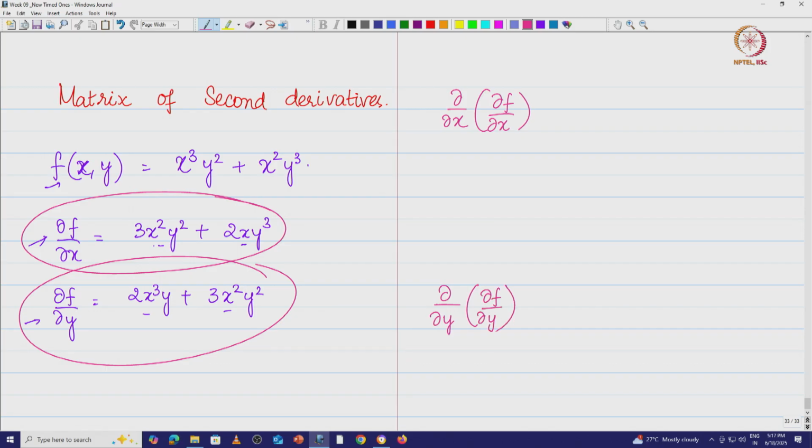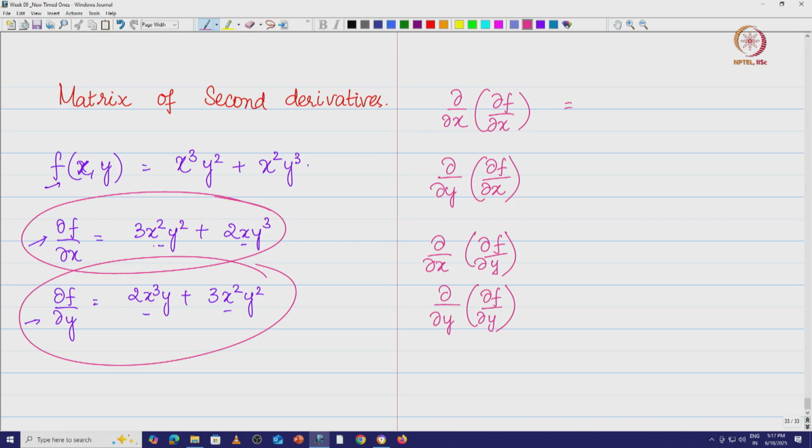But we see this dou f by dou x is also varying with respect to y. So, I will take the other partial derivative, which is dou by dou y of dou f by dou x, and I will take dou by dou x of dou f by dou y. So, what do we get basically?